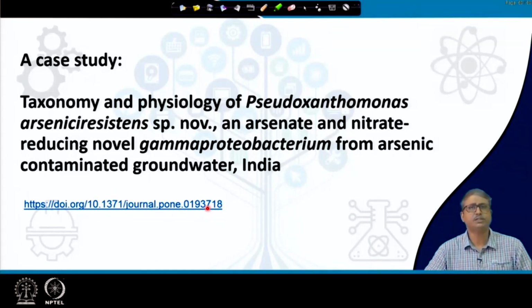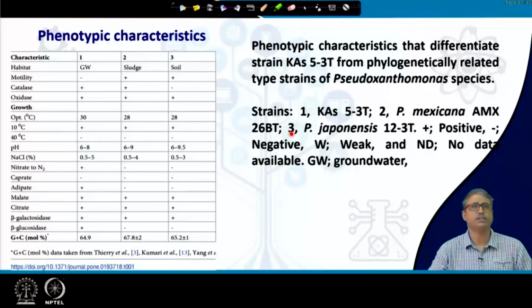This is a bacterial strain called Pseudoxanthomonas strain. We isolated this strain through an enrichment procedure, where arsenic as arsenic 5, that is arsenate, was provided, and then we tried to characterize and identify the organism following the procedure that we discussed in our lecture.